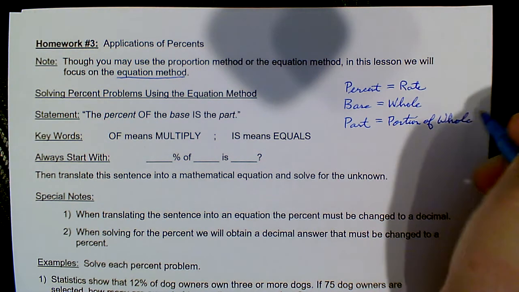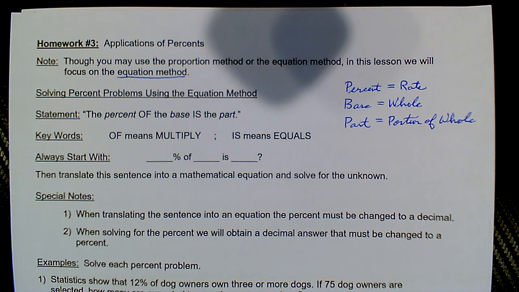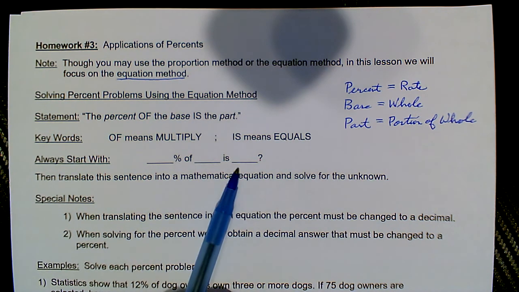And that's why we say that the percentage of the base is the part, because we're taking a percentage of the whole quantity to determine that portion of that whole quantity, which is referred to as the part.